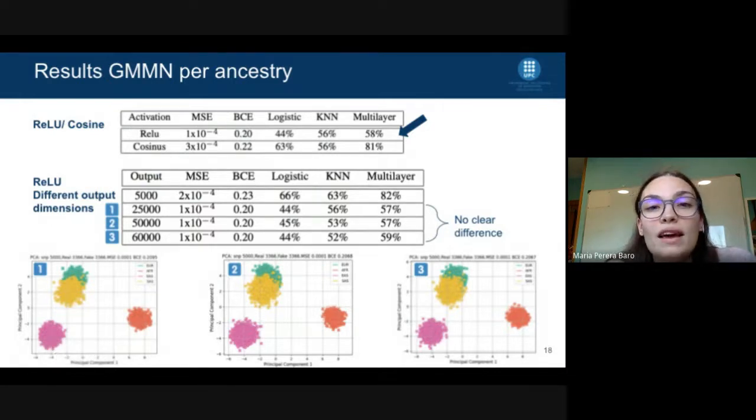I also tried different output dimensions using the ReLU as activation, and we cannot see a clear difference when multiplying the input by 5, 10, or 12. The quantitative metrics are similar, and the PCAs too. The PCAs are very good as the generated data is fitted in the real data. So we would say that the best one is multiplying by 5 because it has fewer parameters and is faster.